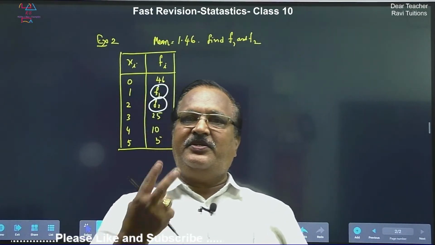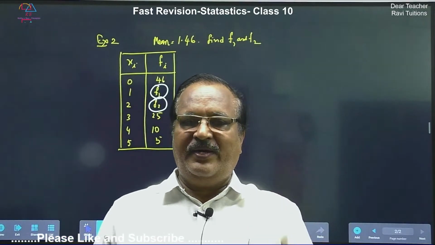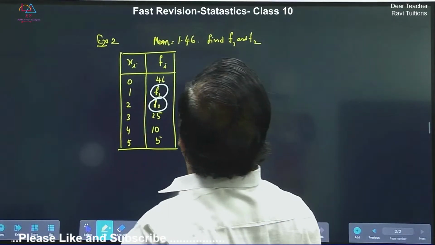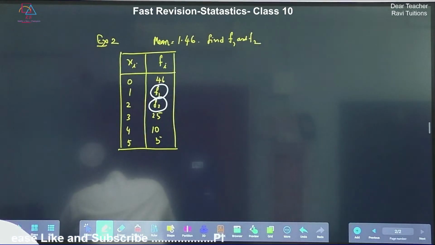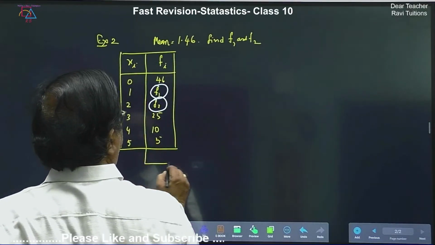In this question, you are getting two variables. That means you have to do simultaneous equations in two variables, right? So now, in this, he has given the total also.